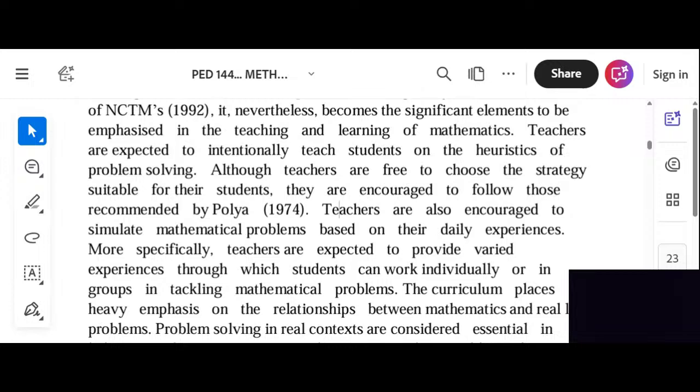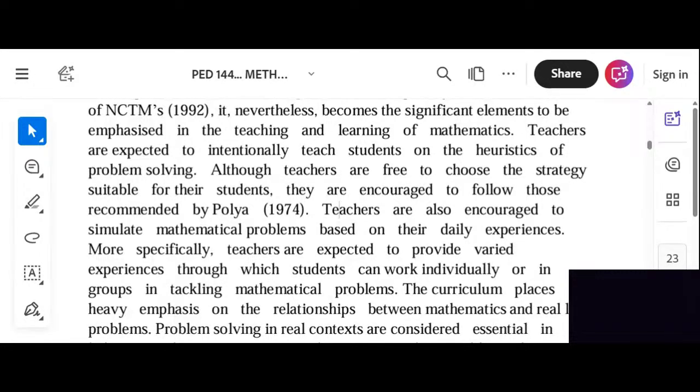Now, another thing mentioned there is that of Polya. That is even the main thing that I want us to deliberate on. They said teachers are encouraged to follow those recommended by Polya. What were the recommendations of Polya? We need to look at them. So even though teachers have the flexibility of choosing the best method of problem solving for their pupils, there is a particular well-known method given by the person called Polya in 1974.